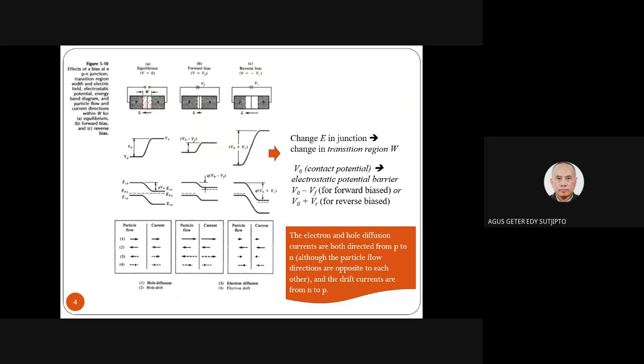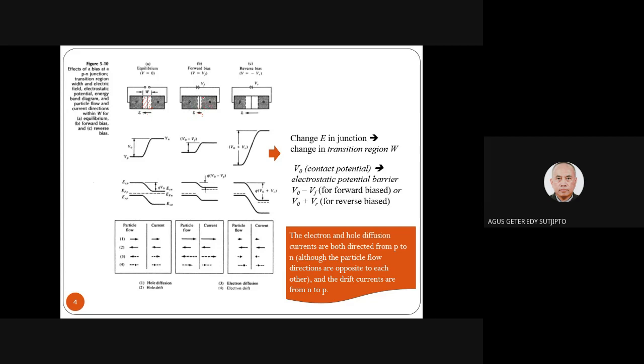Because of the applied forward bias voltage, the voltage in the junction becomes V0 minus Vf, which reduces the electric field. With the forward bias voltage applied, there will be an injection of electrons from the N to the P region, and an injection of holes from the P region to the N region, and holes move across the junction.